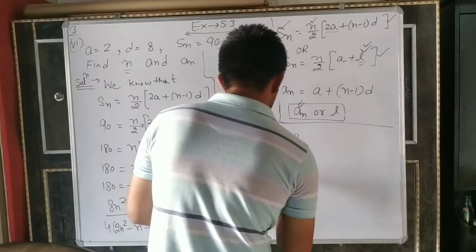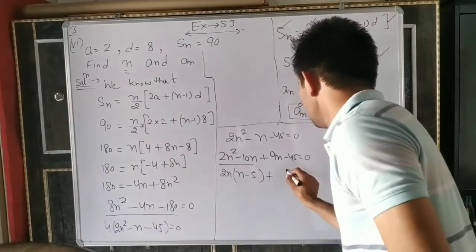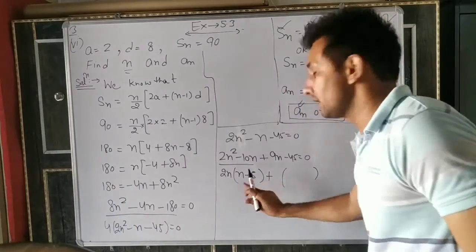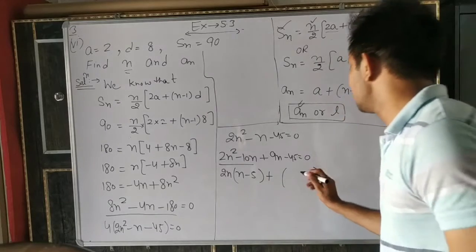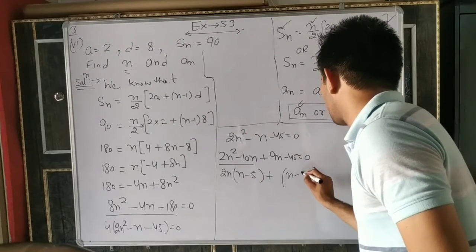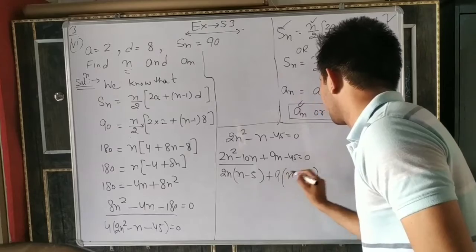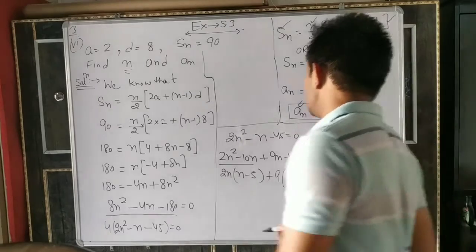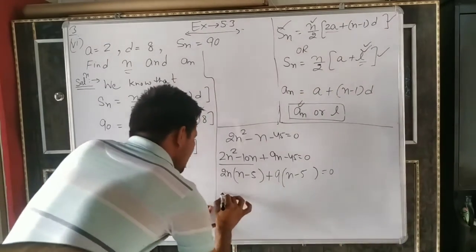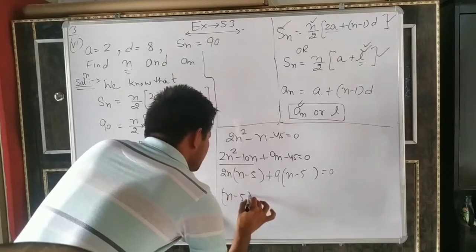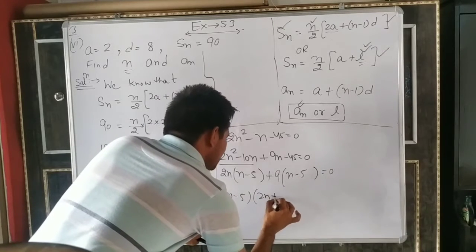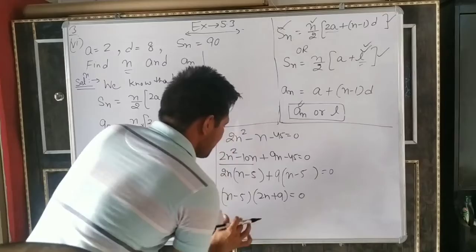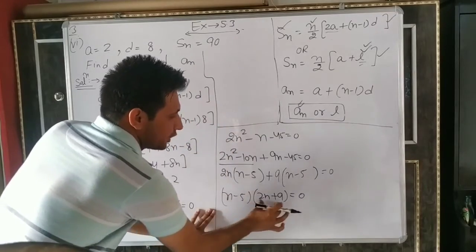Every time I have already told you, when we take something common, the two brackets remain always the same. So n minus 5, and from here we take n... so equal to 0. Again n minus 5 is common, and 2n plus 9 remains, equal to 0. The multiplication of the first number into the second number is 0.